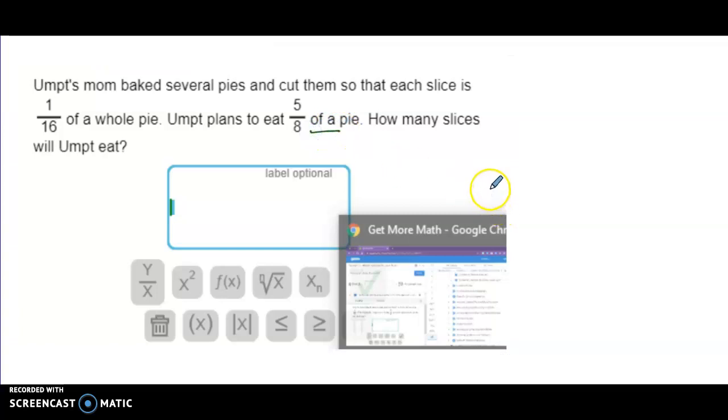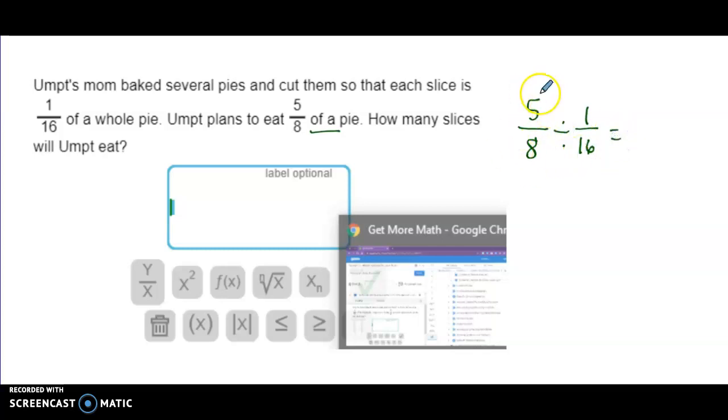How many slices will that end up being? So actually what that is, this is the total amount of pie, even though it's in slices, but this is the total amount of pie that will be consumed. And we're going to divide this by the size of one slice. So this is actually a division problem.